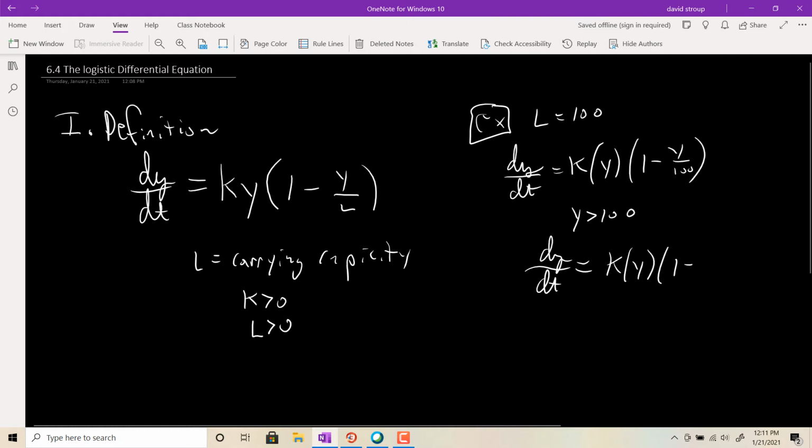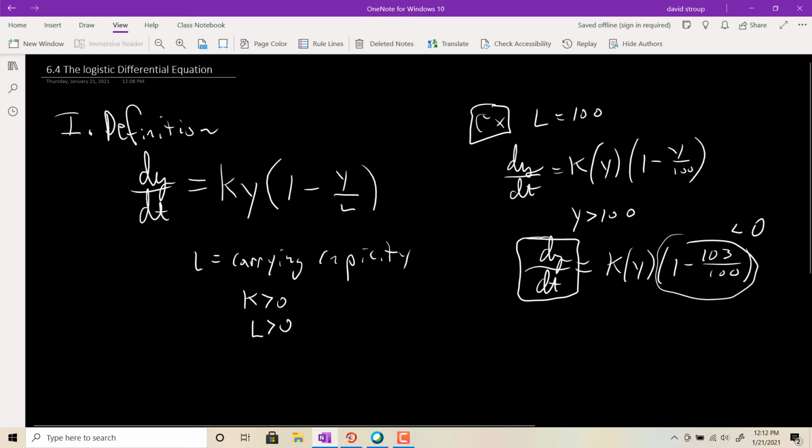Because you're going to have 1 minus something like 103 over 100, and this factor will be negative, less than 0. So the overall rate of growth, the change in population, is going to be negative. The population is going to be decreasing.